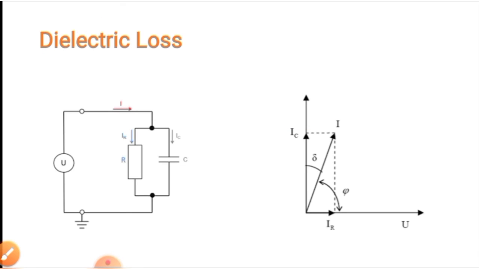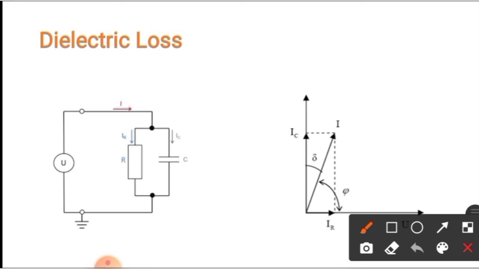Now we will see how dielectric loss is measured. Dielectric loss measures how much electromagnetic energy is converted into heat energy. Generally, dielectric loss is measured in cables and insulations. So here consider an equivalent circuit of a cable, that is an RC circuit. This is the diagram of the equivalent circuit.